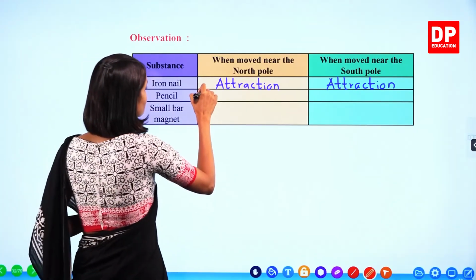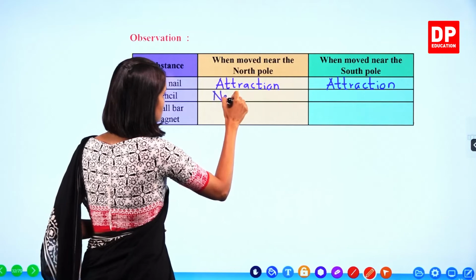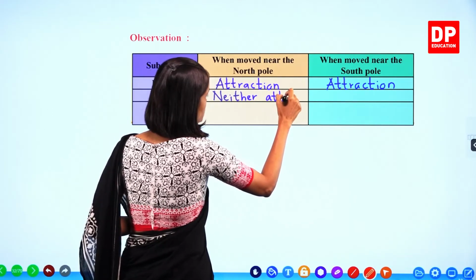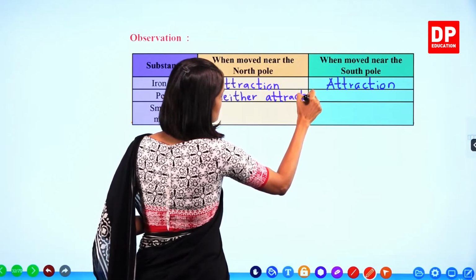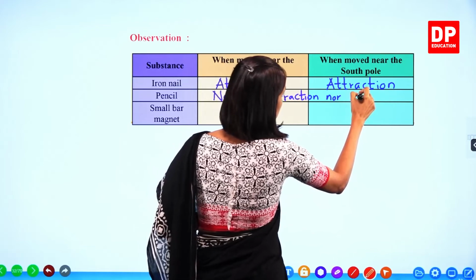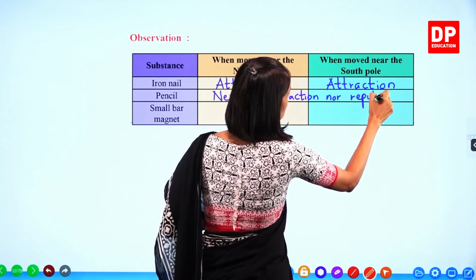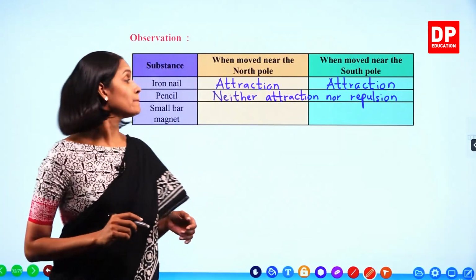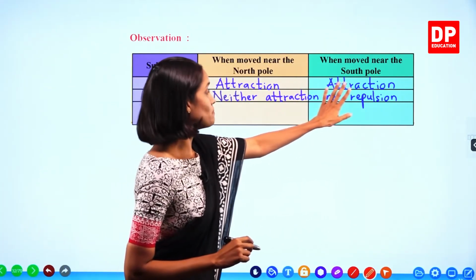Let's write. Neither attraction, no repulsion. Okay, neither attraction nor repulsion.